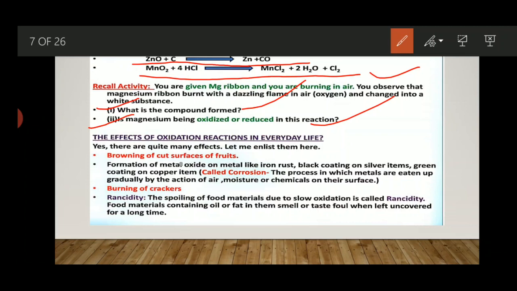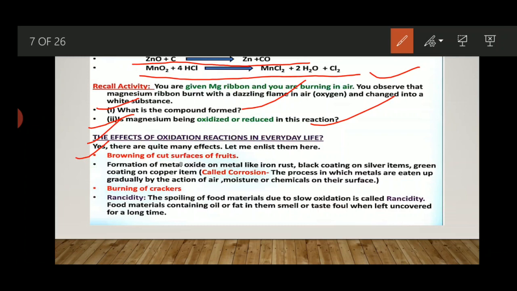Now let's discuss the effects of oxidation reaction in our day-to-day life. There are many effects which we see in our day-to-day life. So let's enlist them. So the first example is browning of the cut surface of fruit.